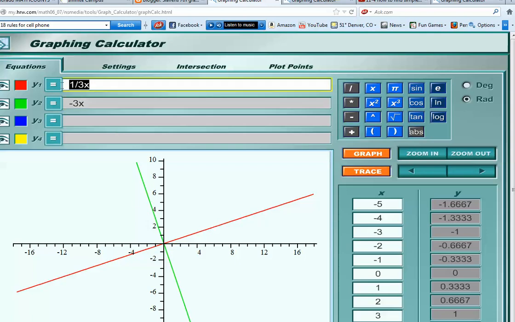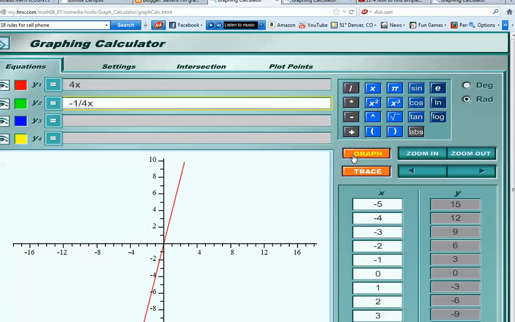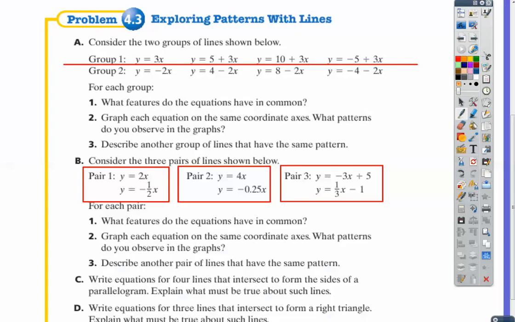Well, let's try the third pair. I think we're coming close to another algorithm here. Let's look at the third pair. That's negative 1/4 x. And we graph it. All right. Every time we graph one of these pairs, we end up with perpendicular lines. So if we go back, let's take a look at what made them perpendicular.